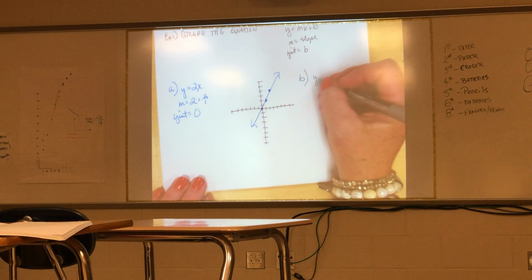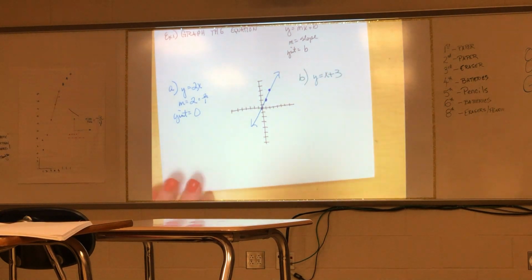All right, here's yours. You do this one. Y is equal to x plus 3. Go. Tell me what the slope is. Tell me what your y-intercept is, and then graph it. You have less than a minute.